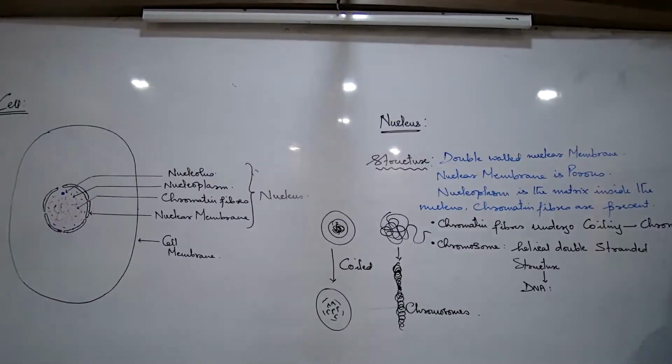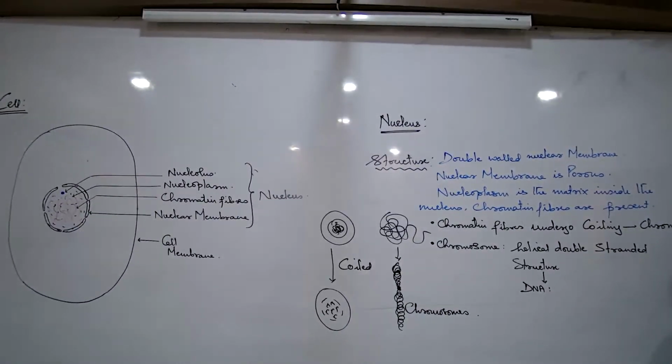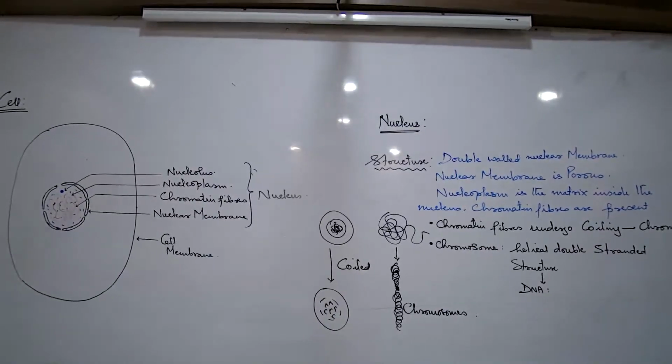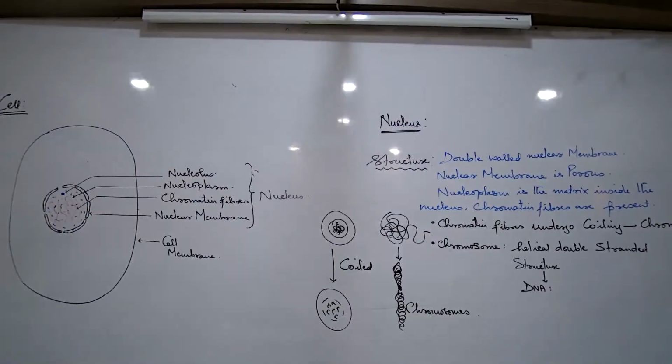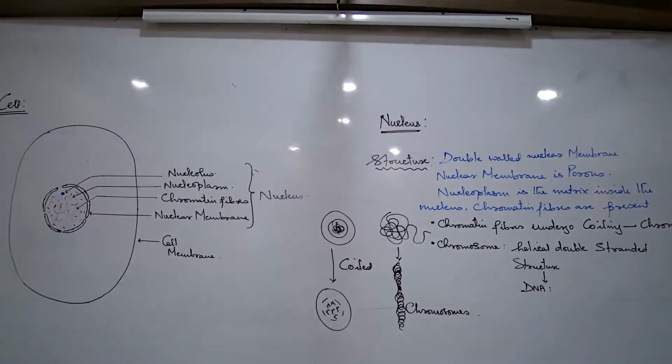What is the meaning of helical? Wavy. And they are double-stranded too, made up of two strands. So they are double-stranded helical structures, and this is what is known as the DNA molecule. These are all the DNA structures that we talk about. So this is the DNA.